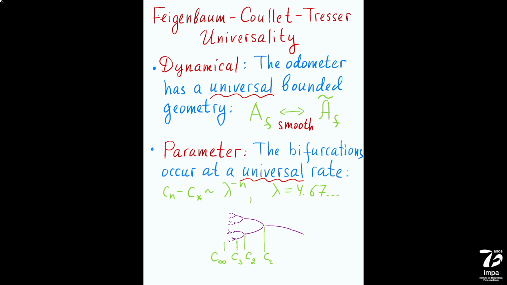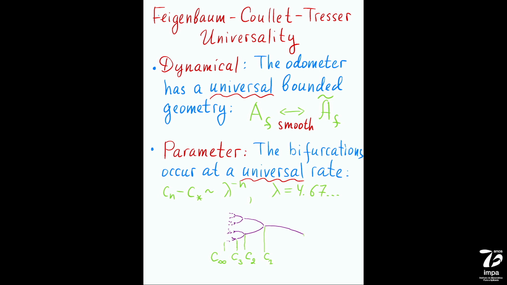with a quadratic critical point, because we assume the combinatorics is the same, they are topologically equivalent. But it turns out that the Cantor set, this odometer which controls the dynamics, has a much better geometric virtue.